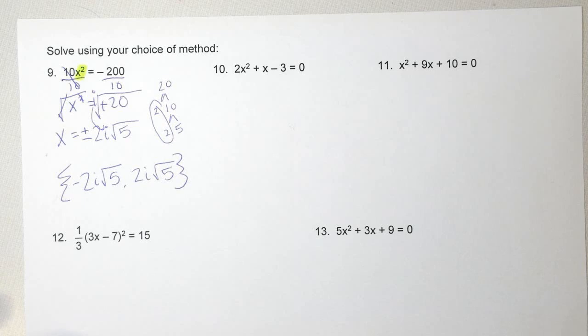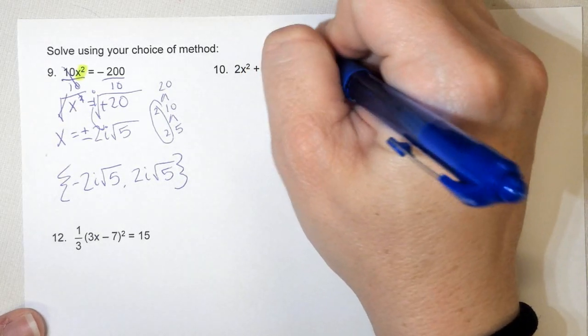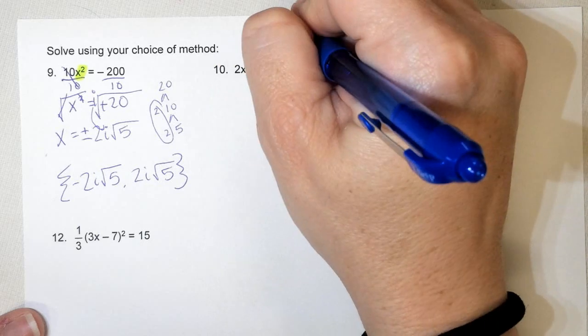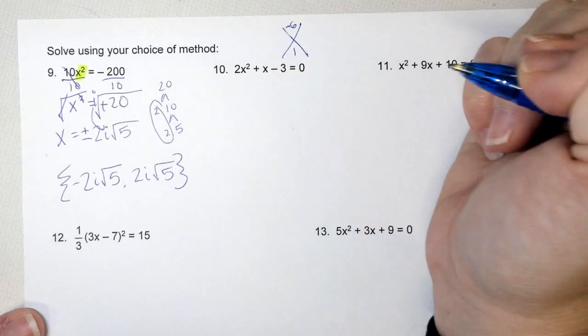Okay, number 10. Really, you can decide if you want to factor them or not. You can always try to factor it if you'd rather factor than do quadratic formula. A times c is negative 6, b is 1.